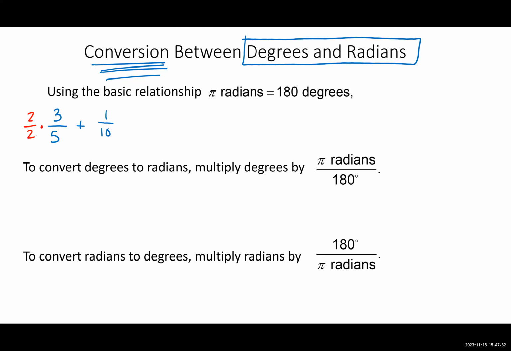The reason we're allowed to do that is because any number over itself is equal to 1. So we're basically multiplying by 1. So we get 6 over 10 plus 1 over 10, and that is equal to 7 over 10.